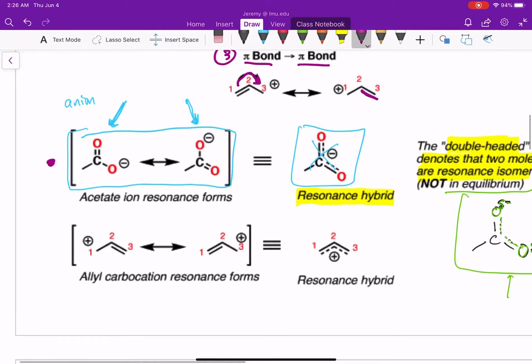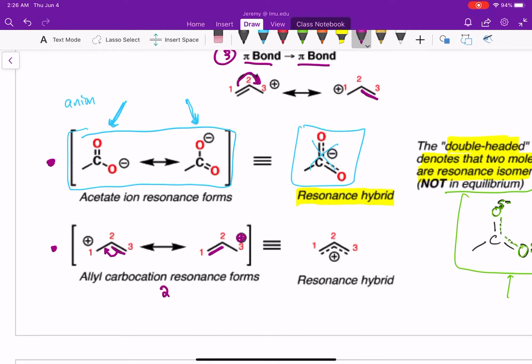Let's look at another example where we have a carbocation, all right? So here we have our carbons 1, 2, 3. You can see that we have a plus charge on carbon 1, all right? Carbon 2 and 3 has a double bond. So we can move this pi bond, this double bond, instead of being between carbons 2 and 3, to be in between carbons 1 and 2, which therefore leaves a positive charge on 3.